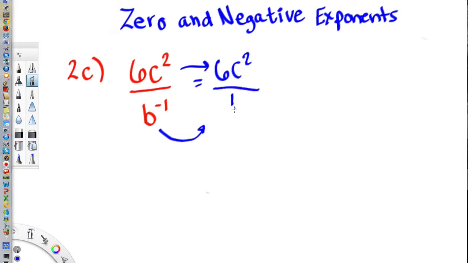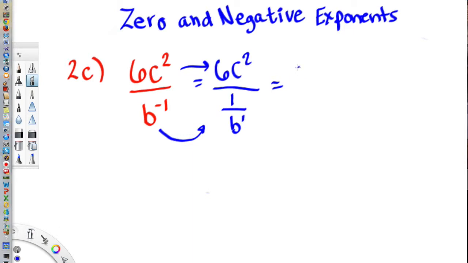So this will become 1 divided by b to the first power, or just b. And I'm going to go back to my dividing fraction skills. What I'm doing here is taking 6c to the second power and dividing it by this fraction, 1 over b.